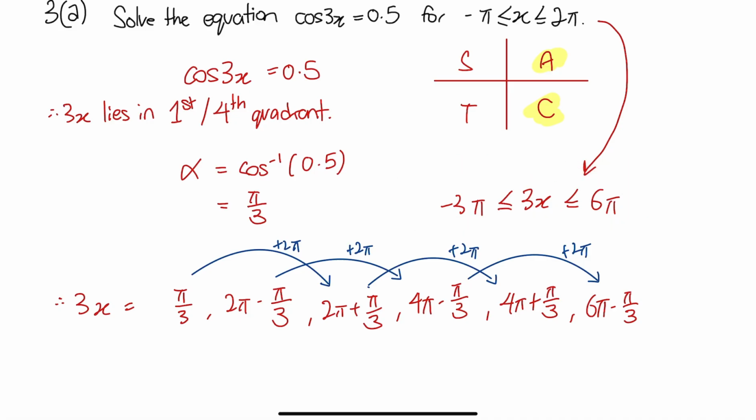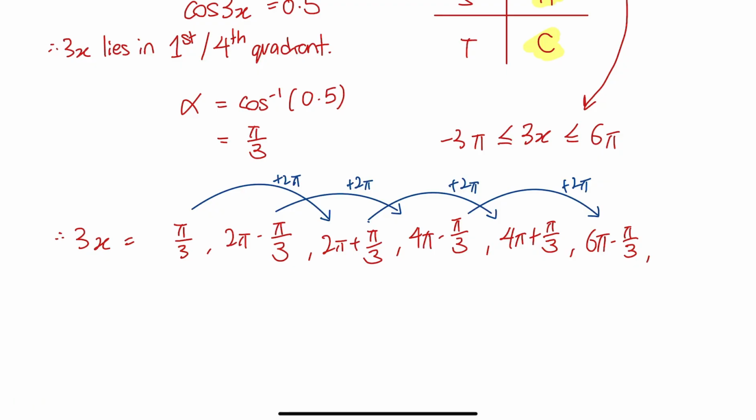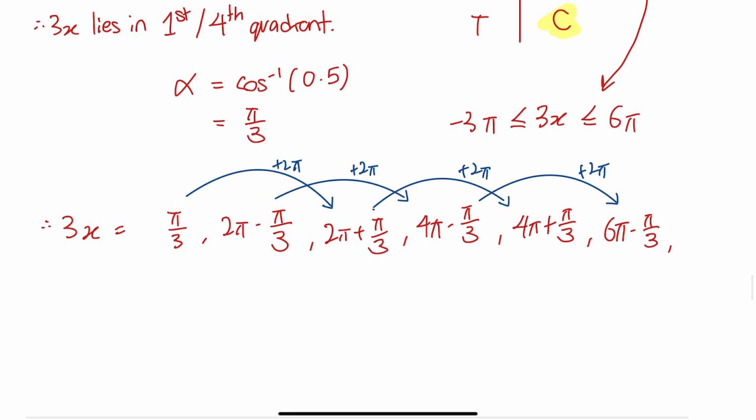Now I can work backwards. Instead of adding, I can also subtract. Let's work out the next solution. From here, I can minus away 2 pi.